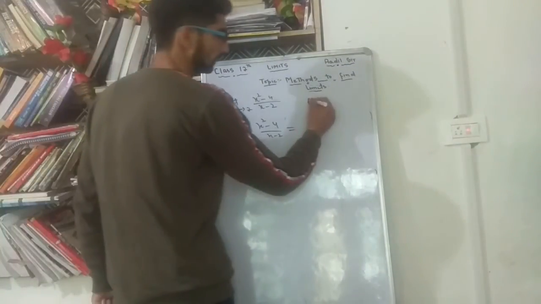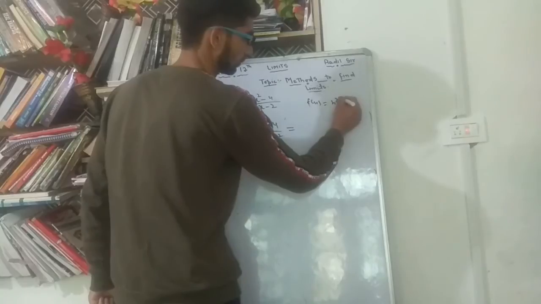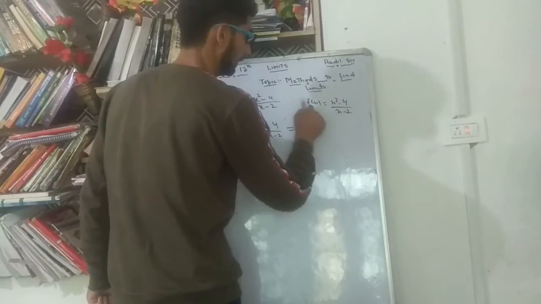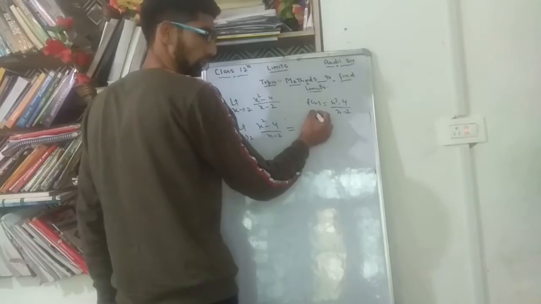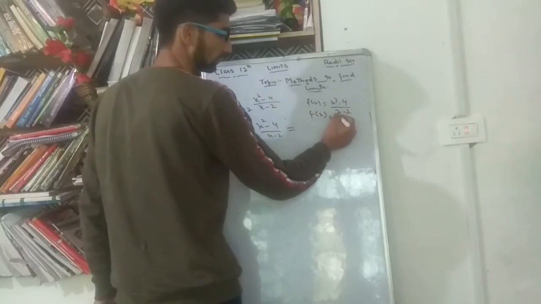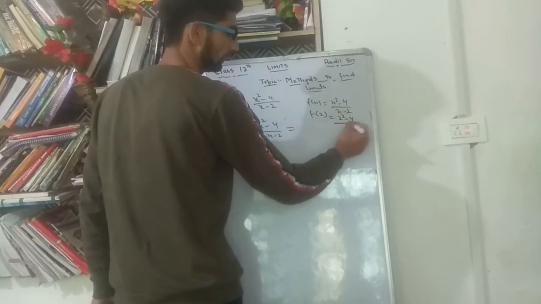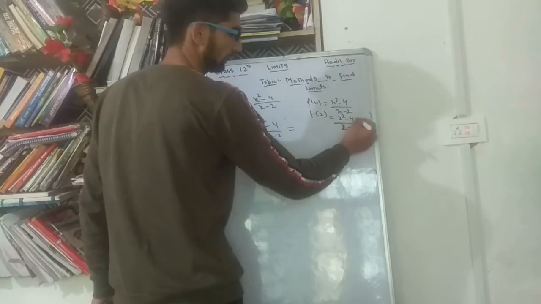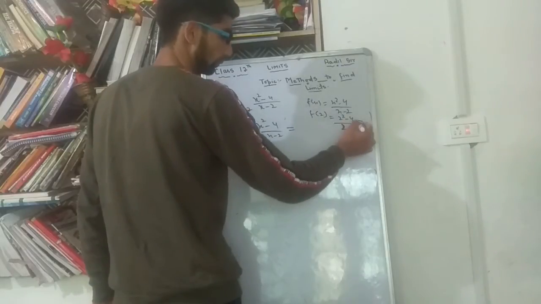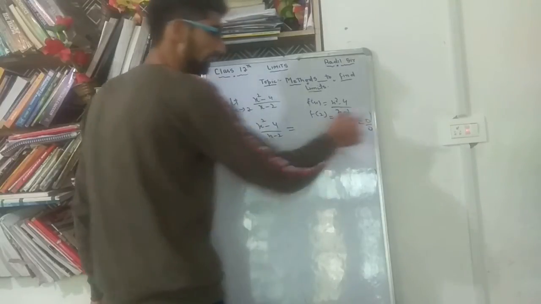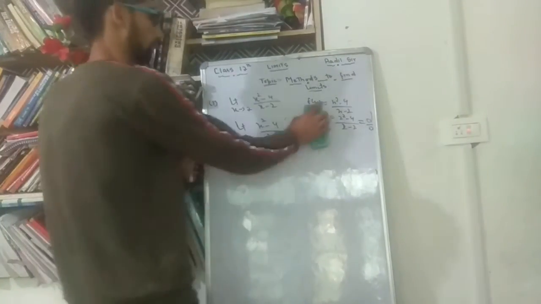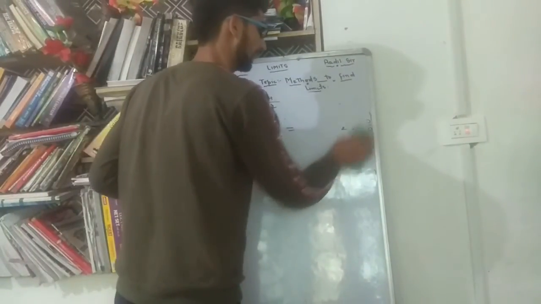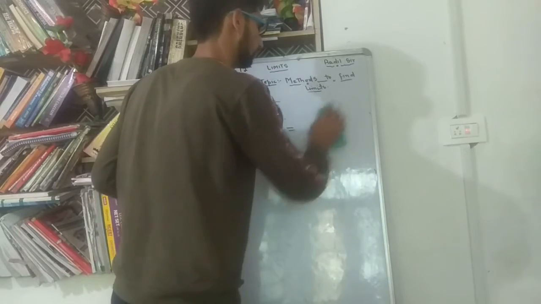Our f of x here is x square minus 4 divided by x minus 2. If I put x as 2, I will get 2 square minus 4 divided by 2 minus 2, that is 4 minus 4, that is 0 divided by 0. It is indeterminate, it is not finite now. So I cannot use the first rule here.